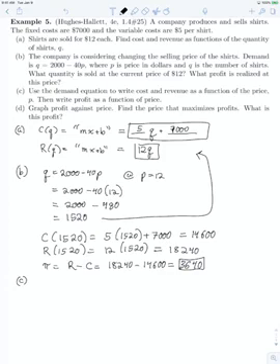Okay, first thing I'll do is rewrite the cost and revenue as functions of price and then combine them into profit. So let's see. C of Q, we knew from up above, was equal to 5Q plus 7,000. But now we're also going to combine this with the fact that Q is equal to 2,000 minus 40P.